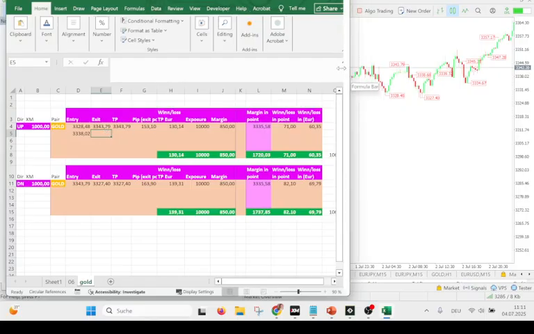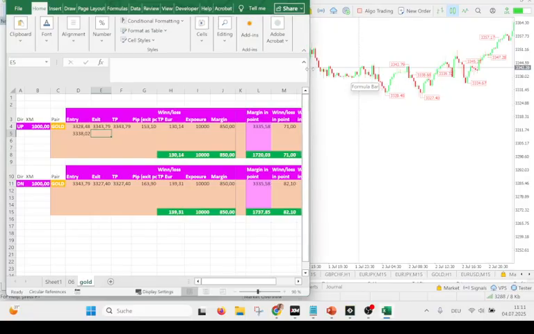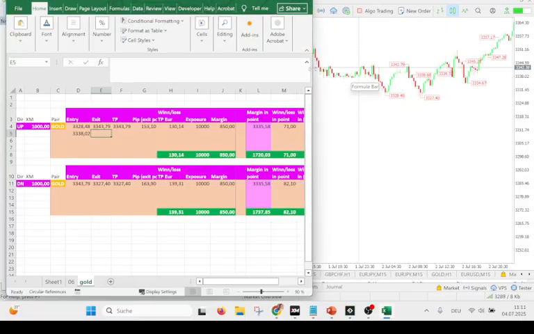I look how the chart developed, and I say, for example, I want to put my target at 3351.16. So for both positions, I put the same exit, take profit. In this case, it's the same.